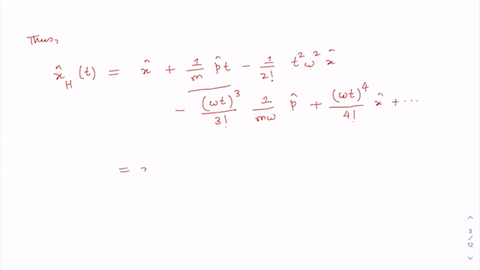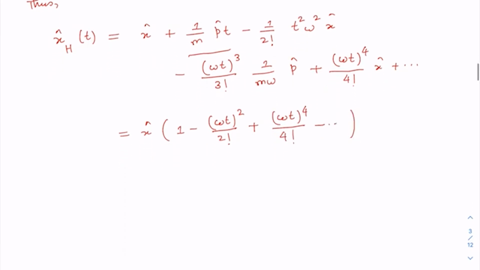And therefore I can now write x cap, if I take it common, then I have 1 minus omega t square by 2 factorial plus omega t to the power 4 by 4 factorial, and I will get a series like this. And if I take p by m omega common, then I will get omega t minus omega t cube by 3 factorial plus omega t to the power 5 by 5 factorial, and so on.